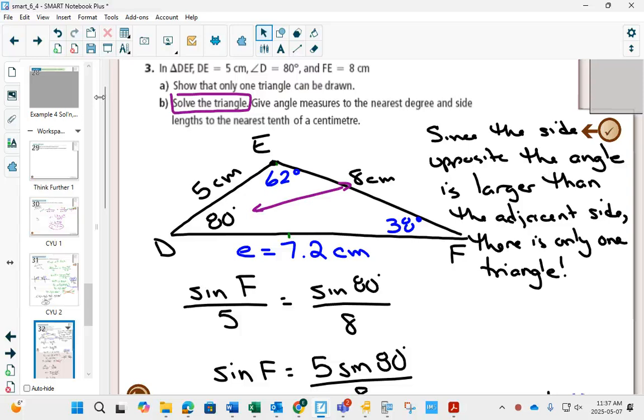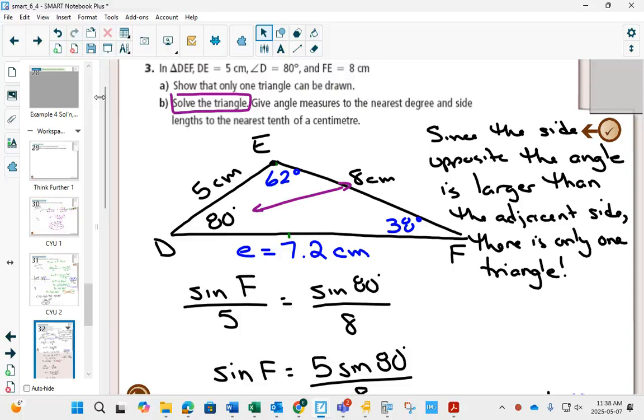I made a tiny little mistake in my math here. Probably didn't notice it, but because it asked to round to the nearest degree, I changed that to 38, right? And then I rounded this one. As a result, this would be 62. Technically, they get a little angry if you round early.